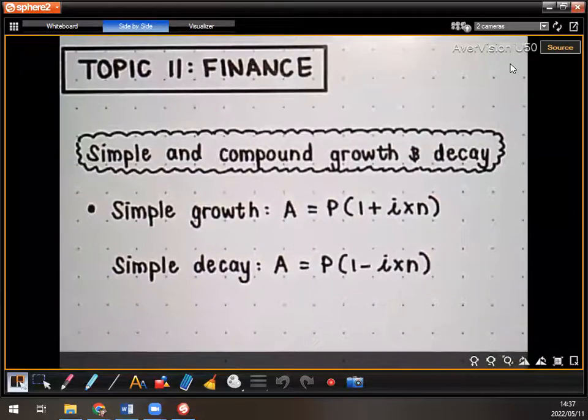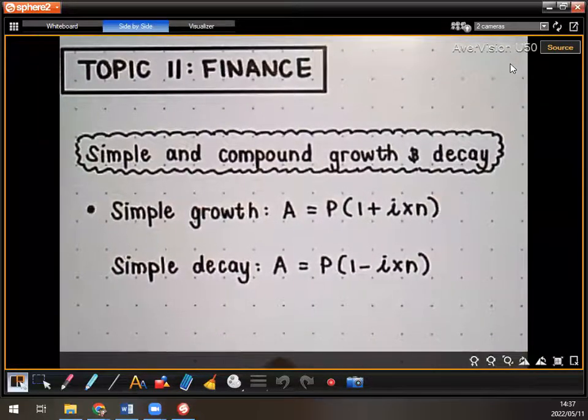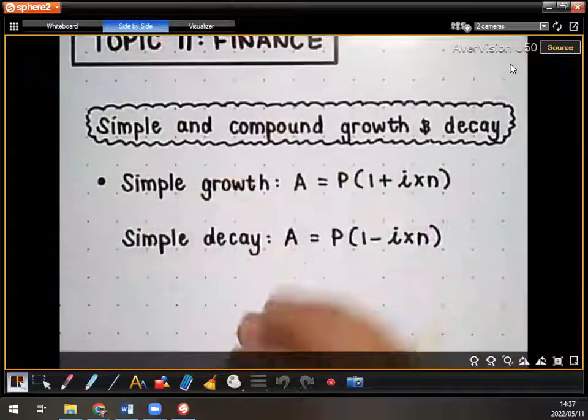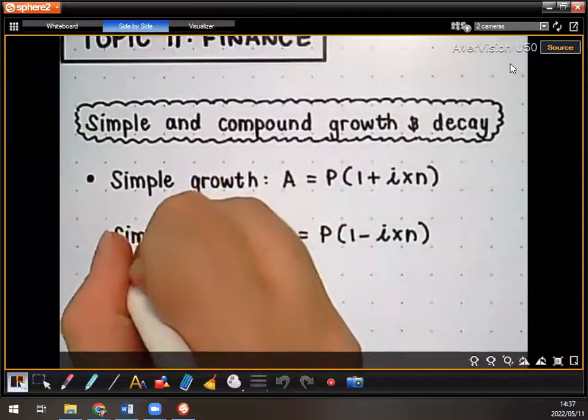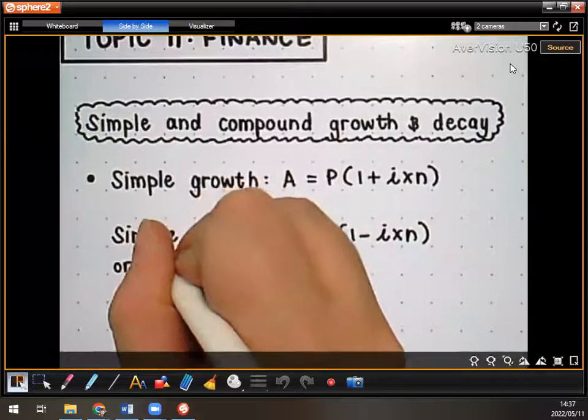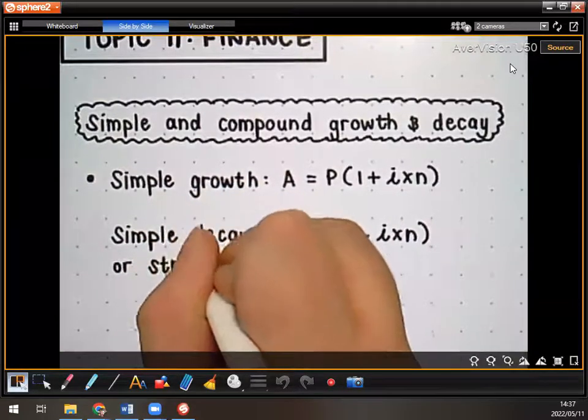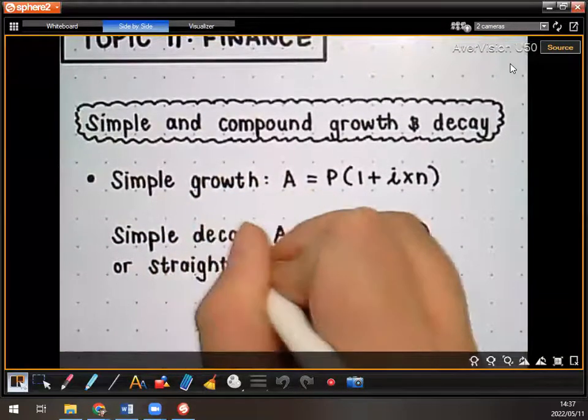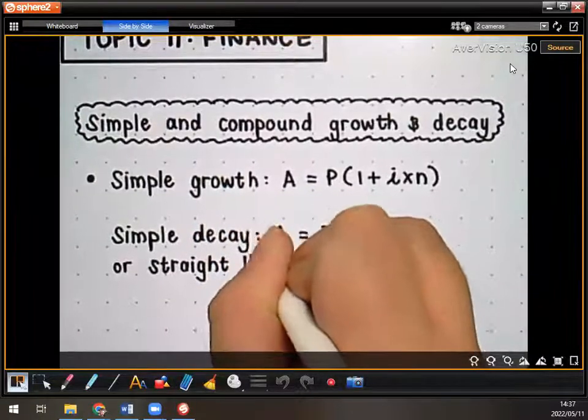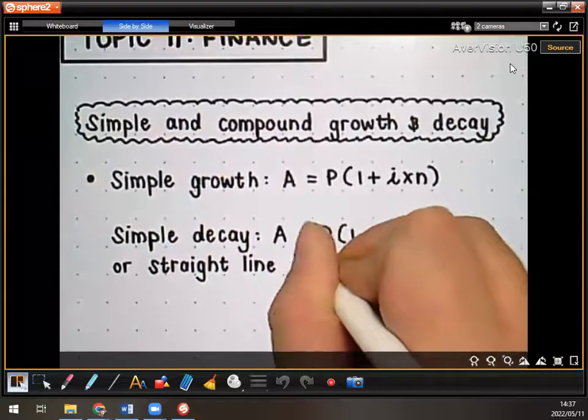Okay, there is another name for simple decay or depreciation. That's also what we call it, depreciation. So I'm just going to add here, or this is also called straight line depreciation.